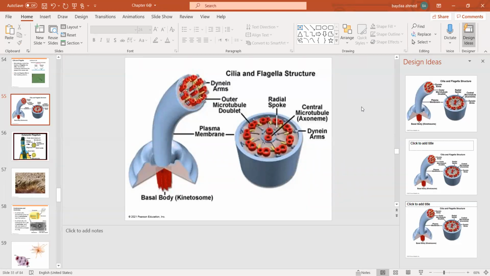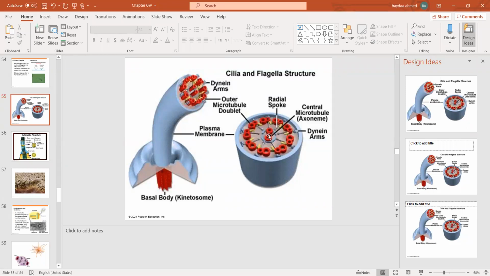Each motile cilium or flagellum has a group of microtubules sheathed in an extension of the plasma membrane. Nine doublets of microtubules are arranged in a ring with two single microtubules in its center.